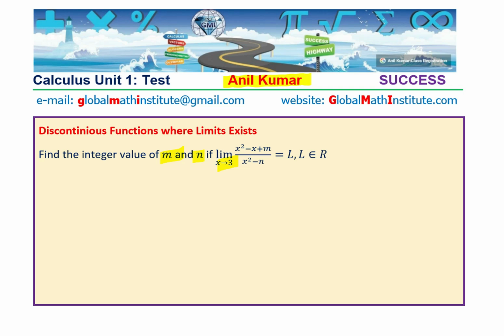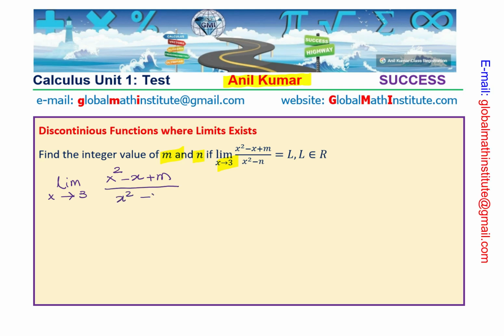So basically, the question is that we need to find the limit when x approaches 3 for the function (x squared minus x plus m) over (x squared minus n). Now, whenever you look into limits and if the limit exists, direct substitution can help you get the limit.